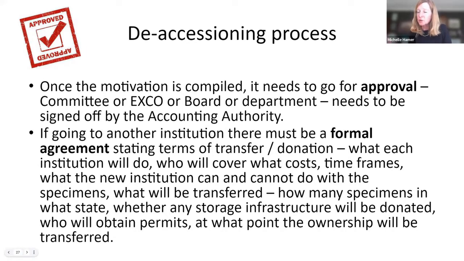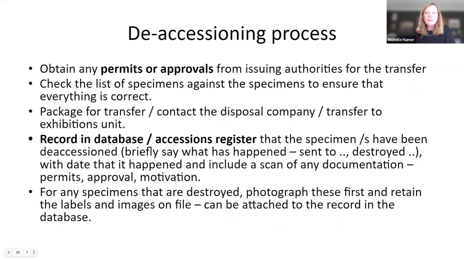So are any cabinets or drawers going with it, or is it just the specimens? And then who's going to get the permits, and at what point will the ownership be transferred? So at which point does the donating institution say this is no longer ours, and the new institution says now we're formally responsible? All of that must be in the agreement.